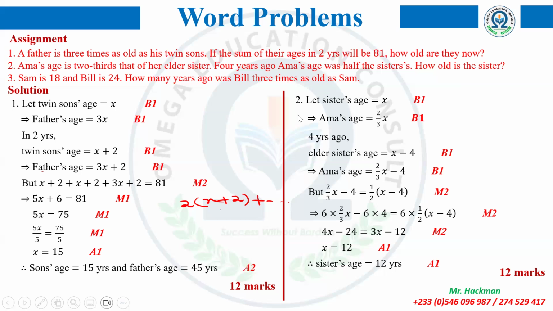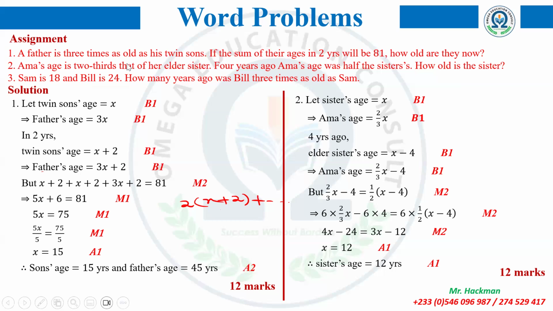So at this point, let's see. Ordinarily, we are told that Ame's age is 2/3 that of her elder sister. So you can definitely see that Ame's age is connected in terms of the elder sister's age.